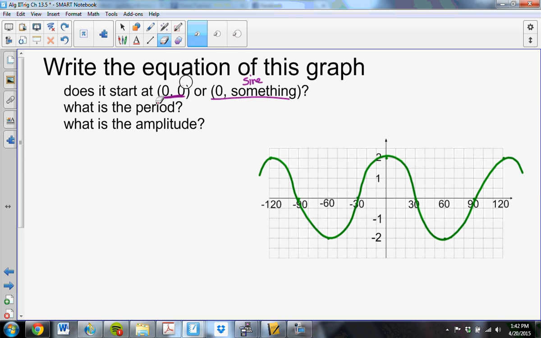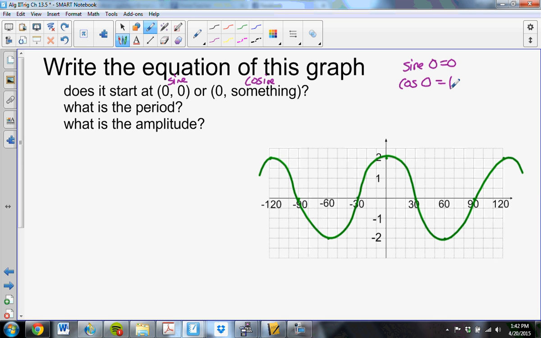Let me fix that right now. If you're starting at 0, 0, that is sine, because the sine of 0 is 0. But if you're starting at 0, something, that's cosine, because the cosine of 0 is 1. Since this starts at 0 comma something, I know it's a cosine graph.